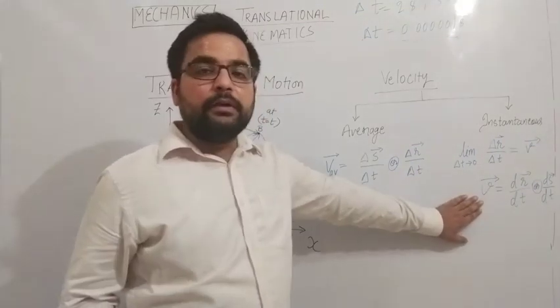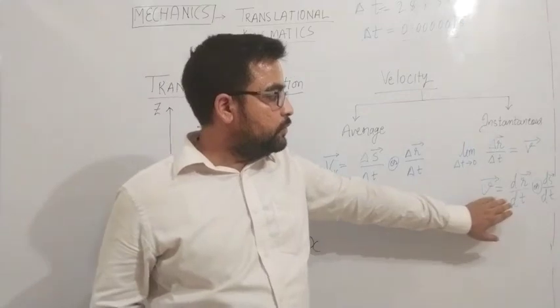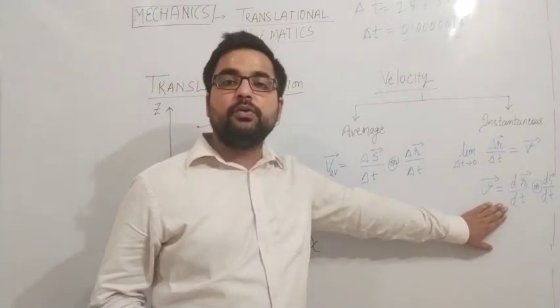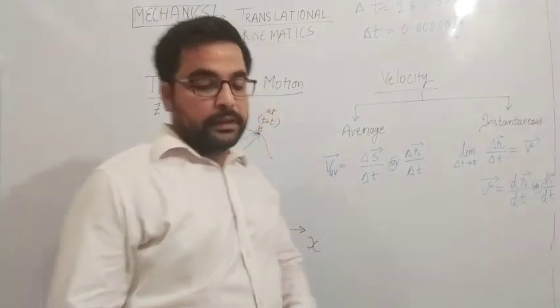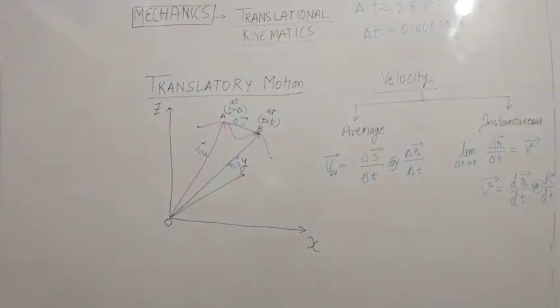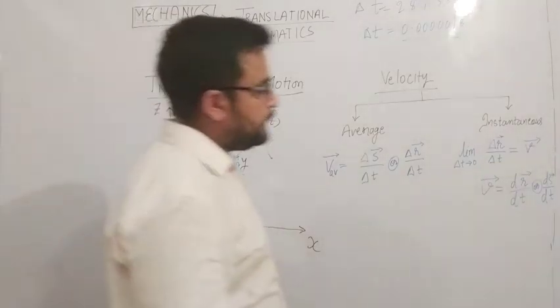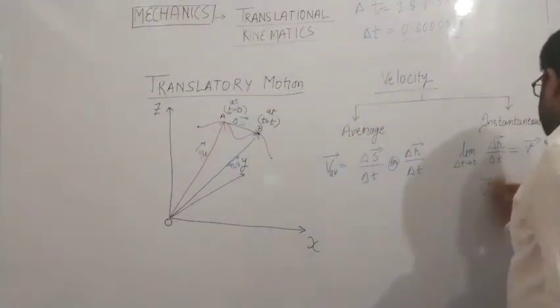Actually when you have to calculate instantaneous velocity, your approach will be to calculate it through calculus, right? That's what we are getting here. Now next in line comes what?